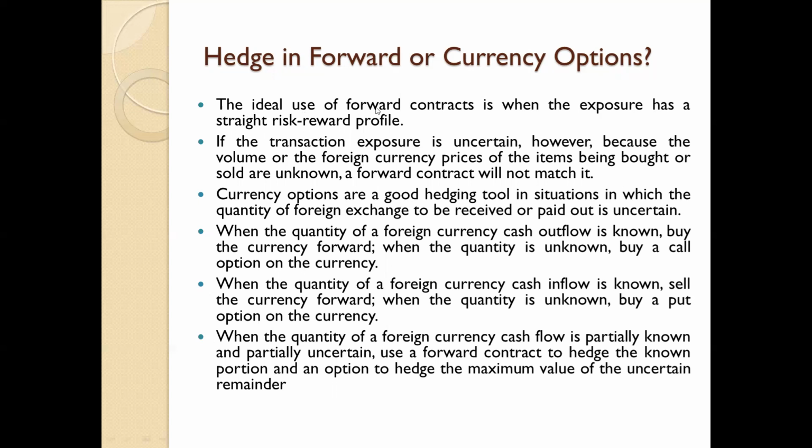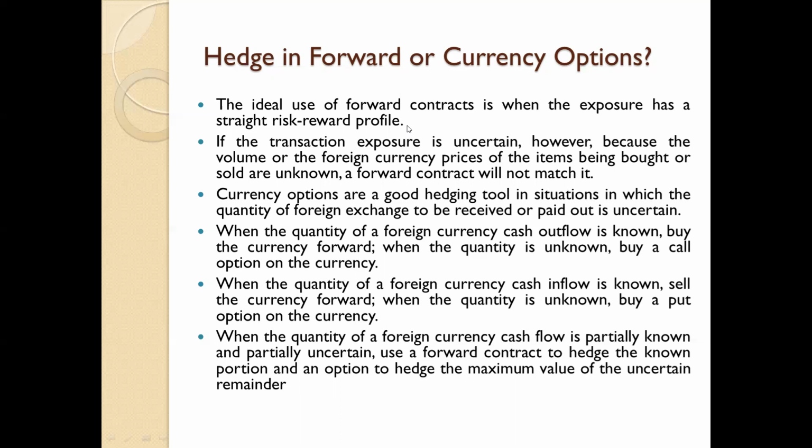Okay, the ideal use of forward contract is when the exposure has a straight risk reward profile. In what occasion can we use the forward contract? In an occasion where we know exactly that we have to pay this amount after a certain period of time. Like after 3 months, we have to pay $100,000.